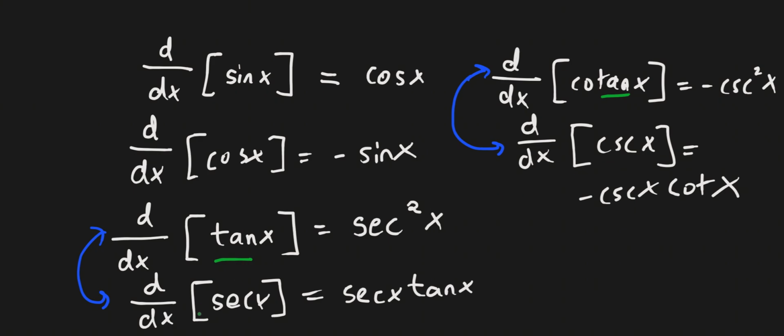And then when you have the other one, that's just going to be secant or cosecant. Look at how they sound the same or very similar. This is just going to be the other one times this one. So the other one in the pair, that's going to be in this case tangent x times this one, which is secant x. And then here it's going to be cotangent x times cosecant x. Except, remember, when you have the c, you'll have a negative. So that's kind of a way to remember these two, right?